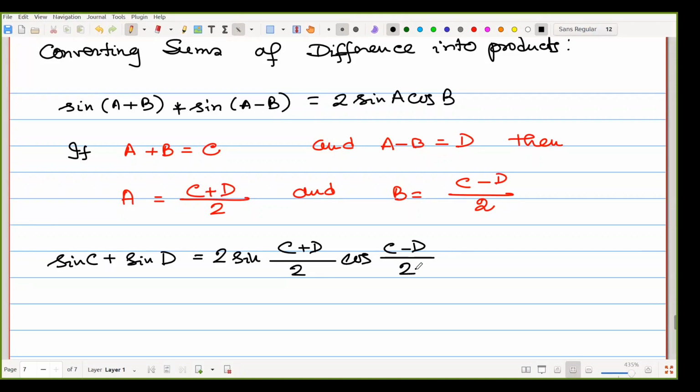That is another type of formula. Another one, sine C minus sine D is equal to 2 of cos C plus D divided by 2 into sine of C minus D by 2.